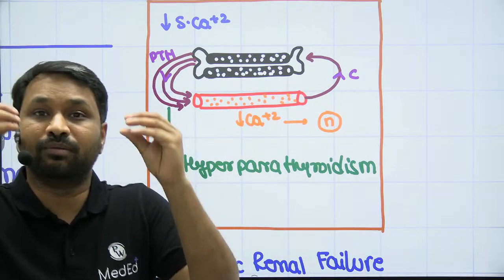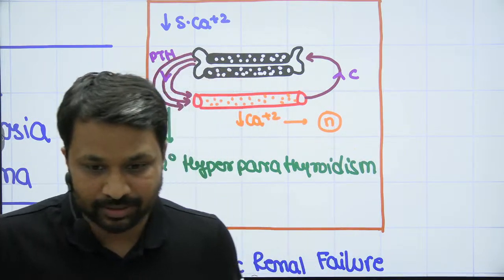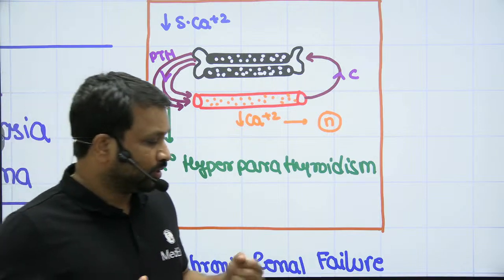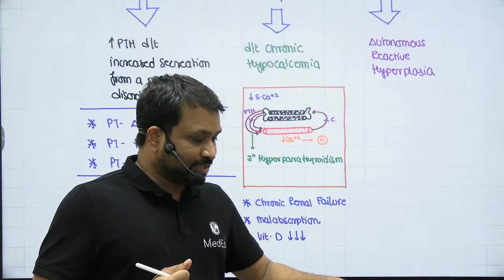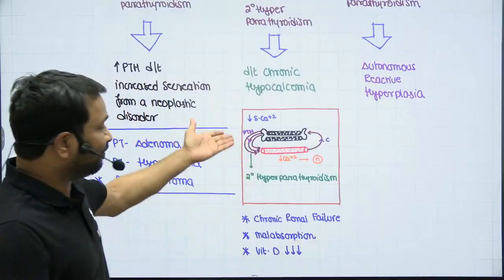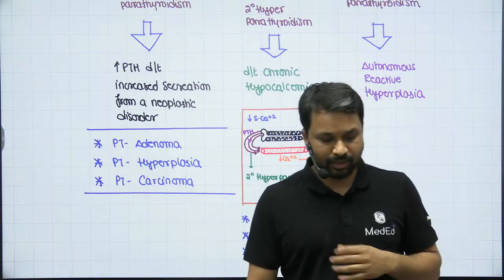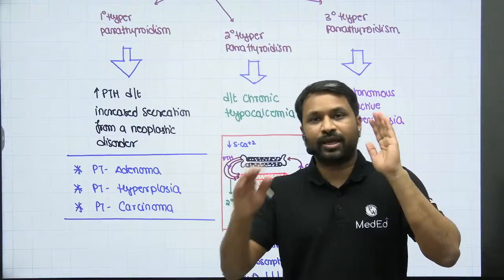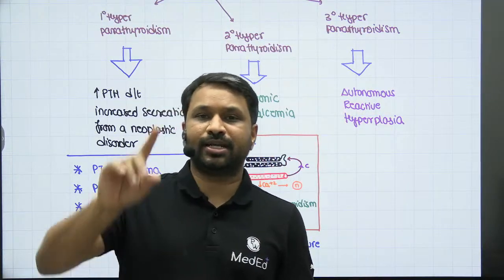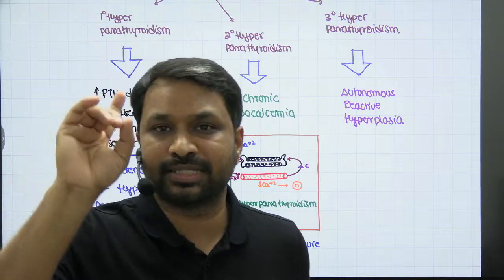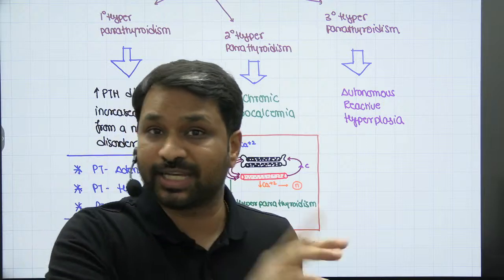The bone will become weak. It can easily break. So this is how you will have pathological fractures in secondary hyperparathyroidism.